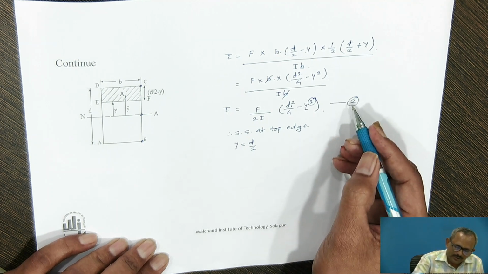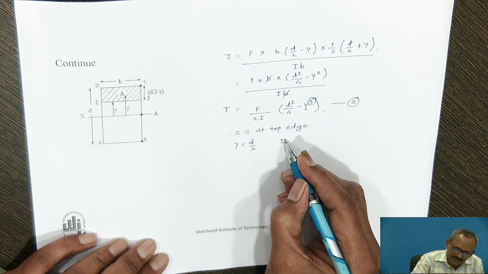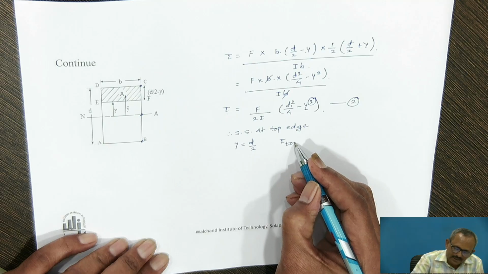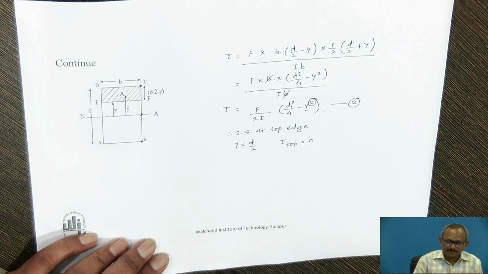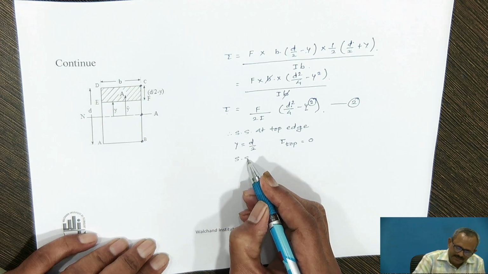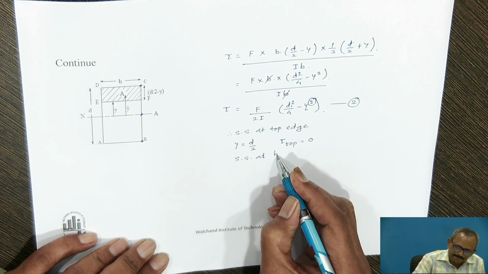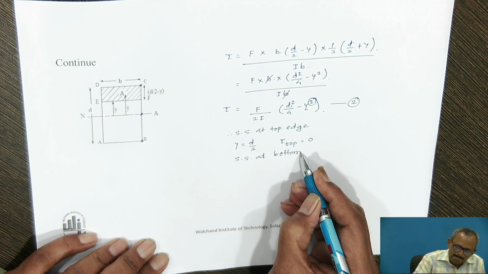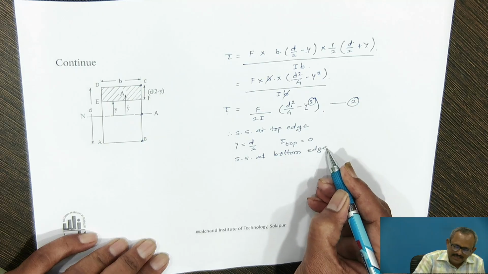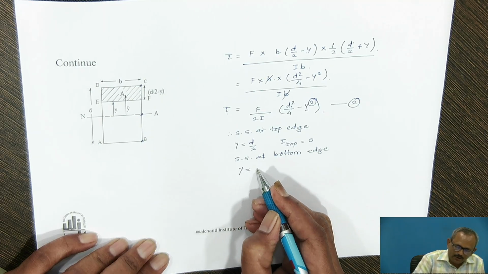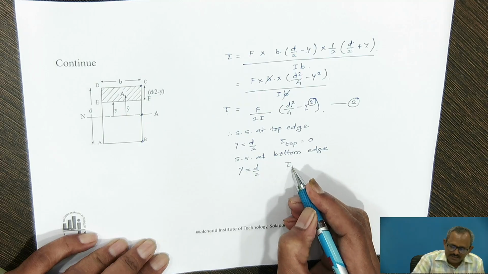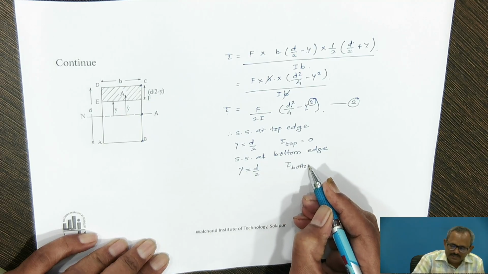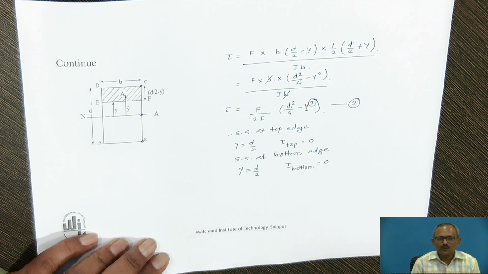When I put that value, shear stress at the top edge is equal to 0. Similarly, shear stress at the bottom edge can be obtained by putting y equal to minus d by 2. Again, shear stress at the bottom edge is also equal to 0.